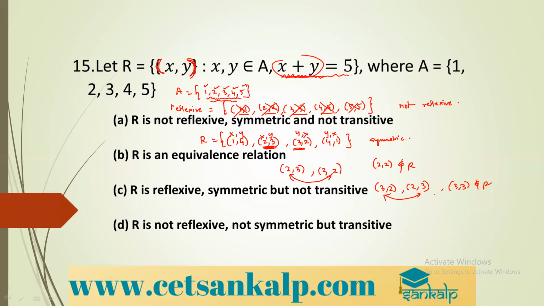So the transitive condition is not satisfied. It is not transitive, I can see. Even if one case doesn't satisfy, I can call it not transitive. So what I got? Not reflexive, symmetric, not transitive. And that is option A.